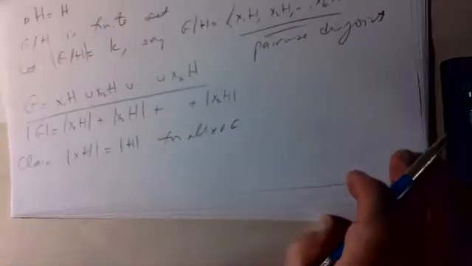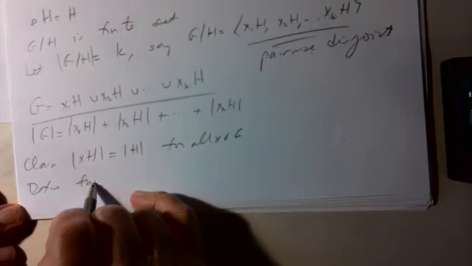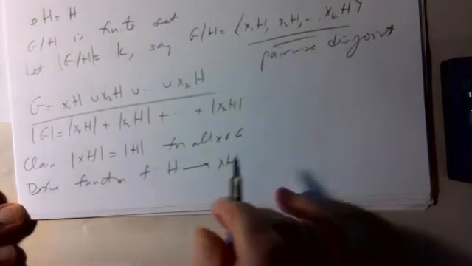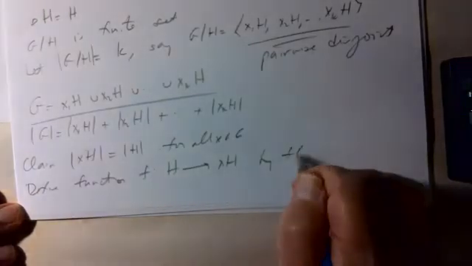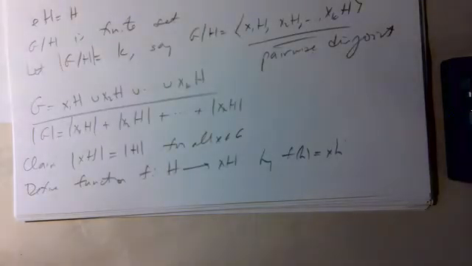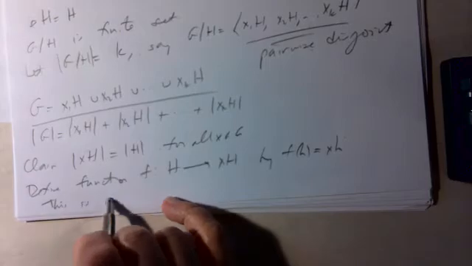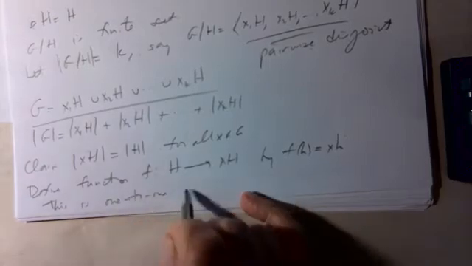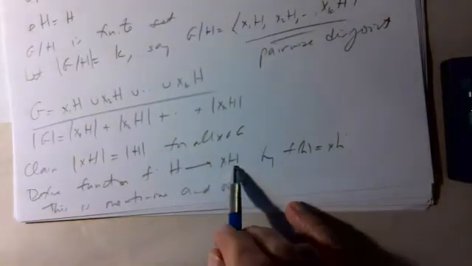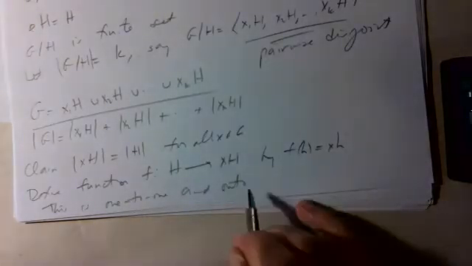And what is the proof of this claim? Well, suppose I define a function f from H to xH by f of h equals xh. This is one-to-one and onto. It's certainly onto because every element in the left coset is of the form xh, and h gets mapped to xh.